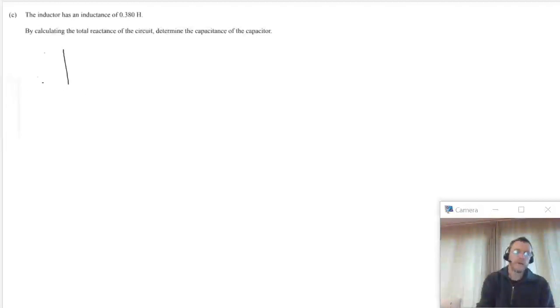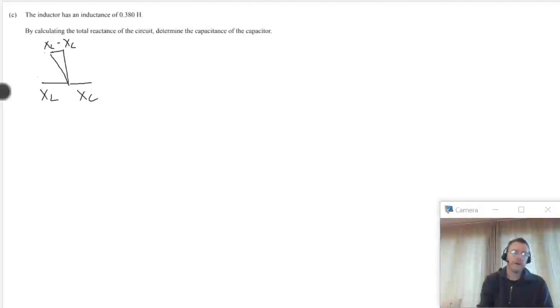Okay, so we've got our situation where we've got some sort of inductor reactance, some sort of capacitor reactance, and between the two they leave a total reactance here.